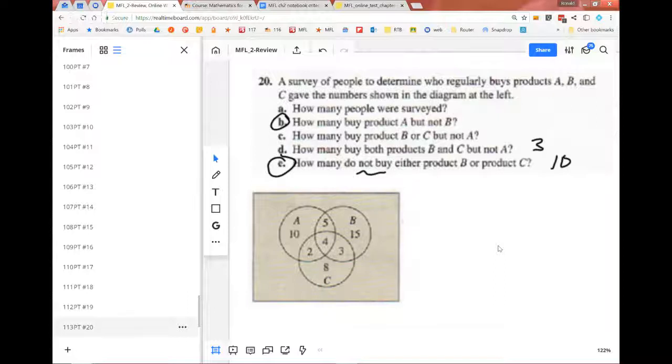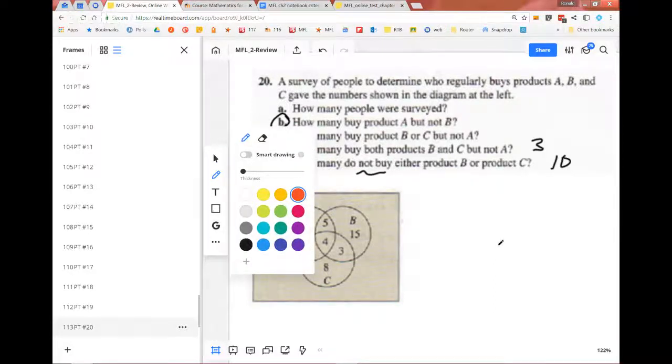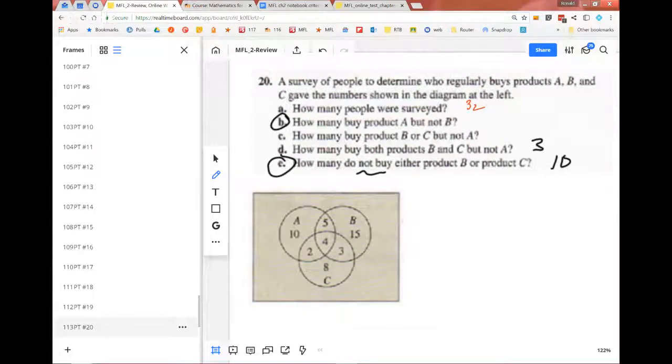So what is that? 12, 16, 21, 24, 32? Okay. How many buy product A but not B? A but not B. 12?